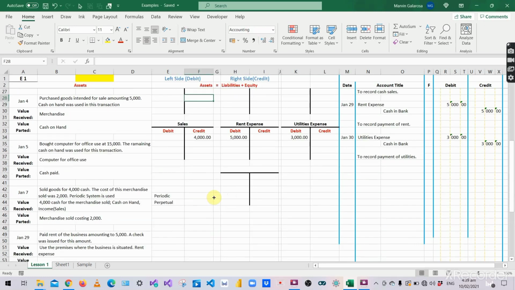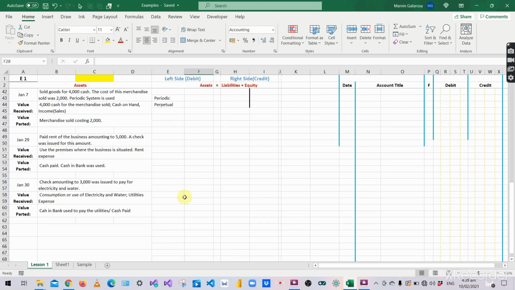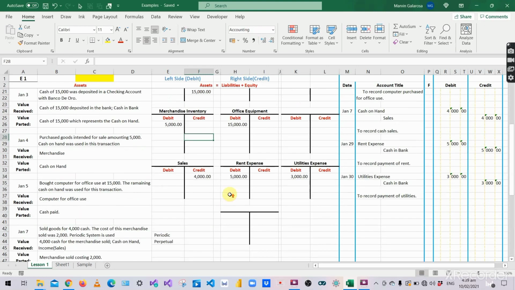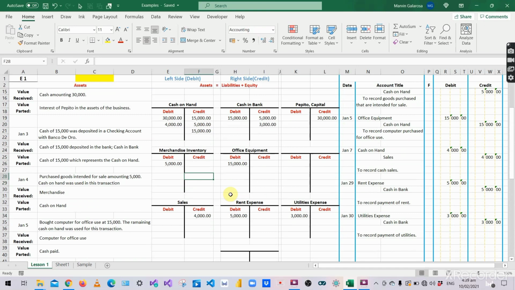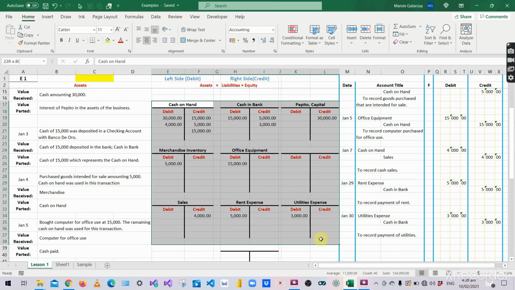So, nasa hanggang transaction, January 30 na tayo. Pero, stop muna tayo doon. Gusto ko lang i-test kung nakikinig ba talaga kayo or pinapanood nyo talaga yung video. Dito sa T-accounts na meron ako ditong T-account na mayroong unusual na balance.